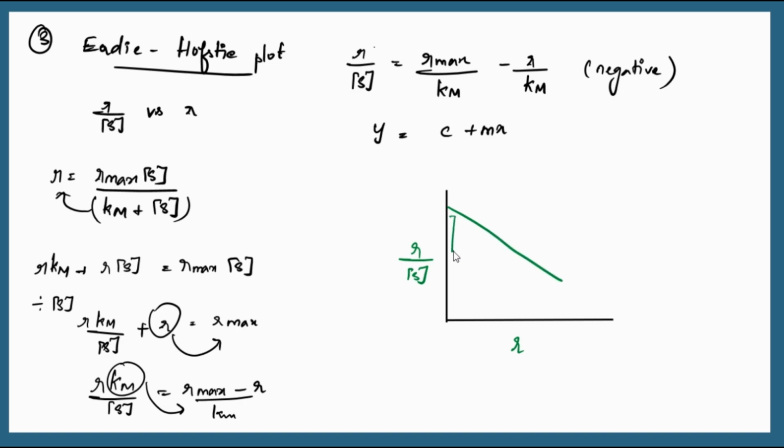The intercept will be equal to R max by Km, and the slope M will be equal to minus 1 by Km. These are your important plots.